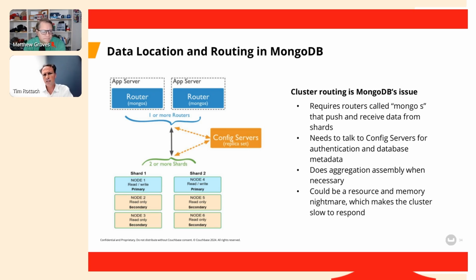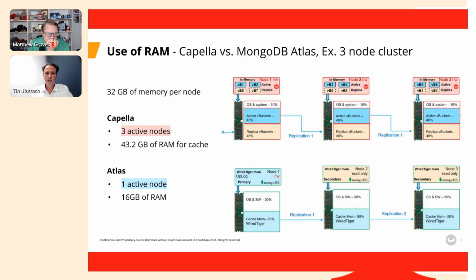But in addition to the data routing and getting at the data, it needs to go through different routers called Mongos or MongoS, and also configuration servers. And so essentially, those extra hops are requiring extra time, extra processing power, which isn't the best in terms of overall performance. And we see that in the numbers, right?